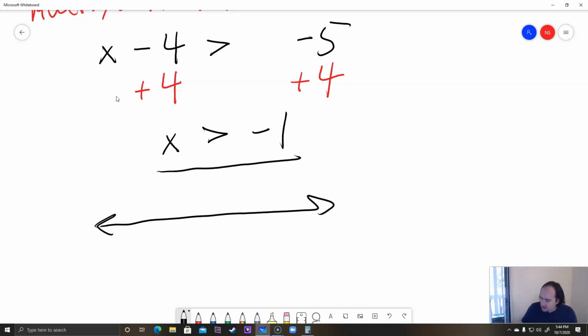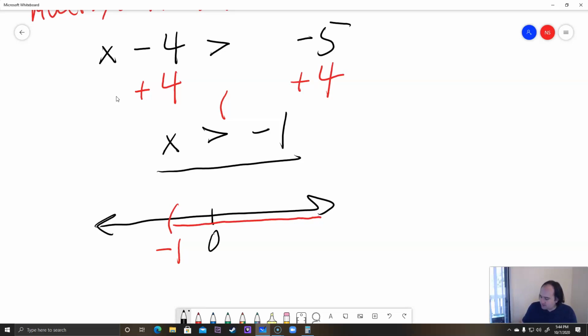So to graph this, because it's a greater than, we're going to use parentheses. And greater than goes to the right. So we put a parentheses at -1, and then we go to the right. We shade in everything to the right. And then 0 is like right here.